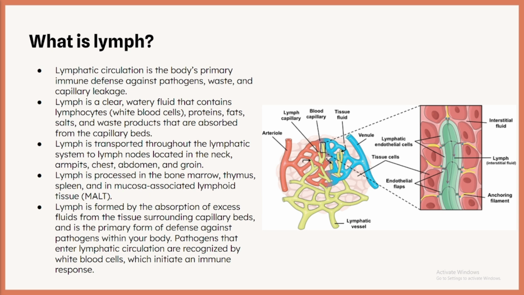So, what is lymph? To understand where this condition comes from, we first have to understand lymph, which is a fluid that circulates through the lymphatic system. Lymph is a clear fluid that carries white blood cells, proteins, fats, and other waste materials. Its main function is immune defense and fluid balance.